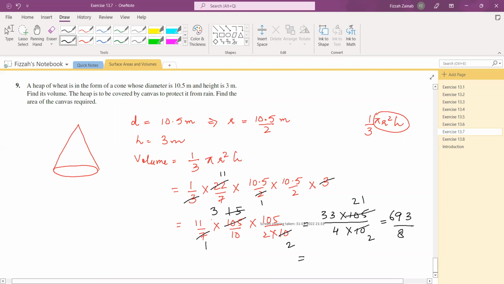Let's divide this by 8. So 8 into 8 is 64, right? So you are left with 5.